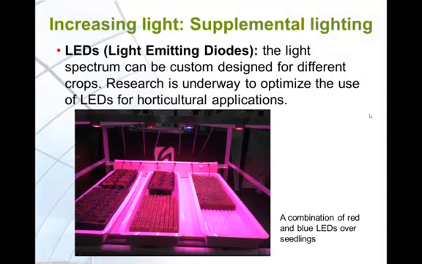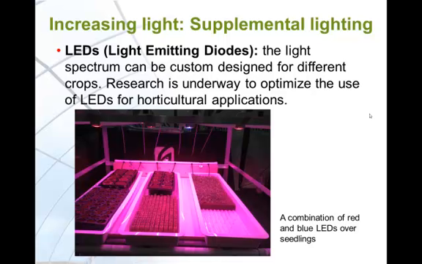So, speaking about light emitting diodes, LEDs are a relatively new light source, and the uniqueness of LEDs includes the monochromatic light characteristics. Therefore, you can combine different colors and design spectrum for different crops.